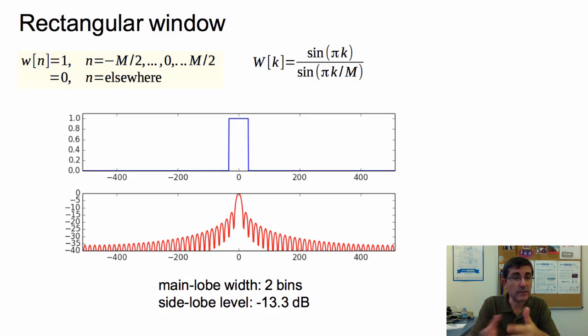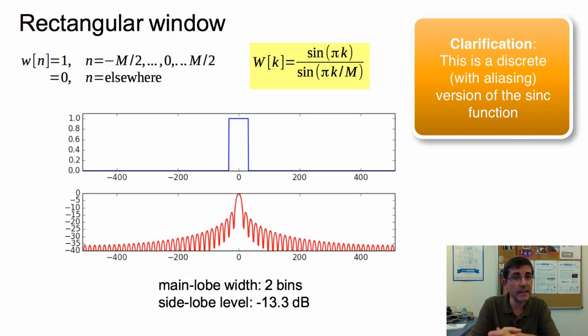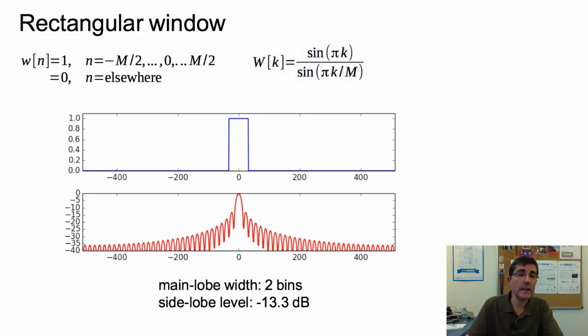And the spectrum is what we call a sinc function. It is the sine of pi k, where k is the frequency index, divided by another sine function. So if we look at the plots, the spectrum is the magnitude of the spectrum, so it's the absolute value of this W[k].